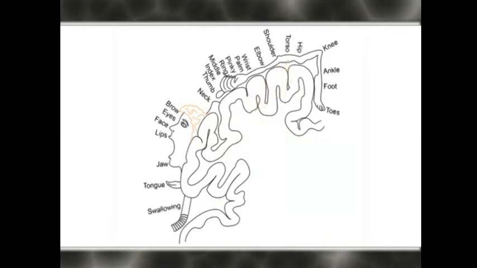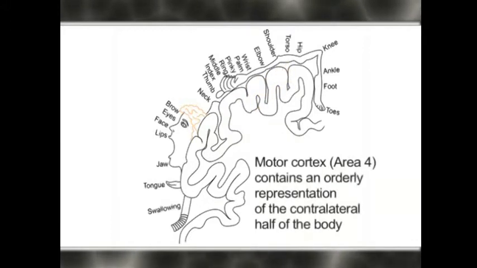Now, the motor cortex contains an orderly representation of the contralateral body surface. And just like in sensory systems, there's a disproportionate representation of certain parts of the body. So as we look here in motor cortex, you see that there's a disproportionate representation for the area of the mouth and also of the fingers.